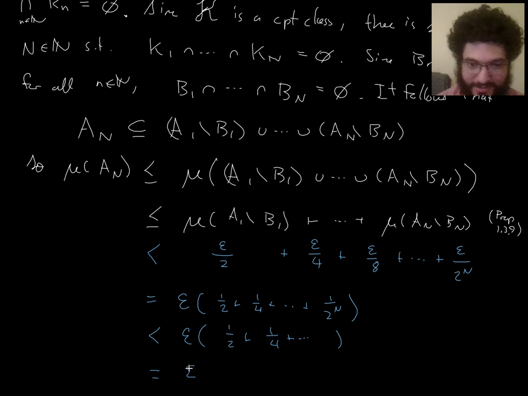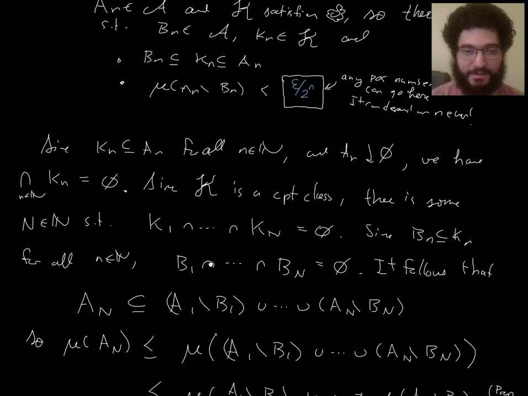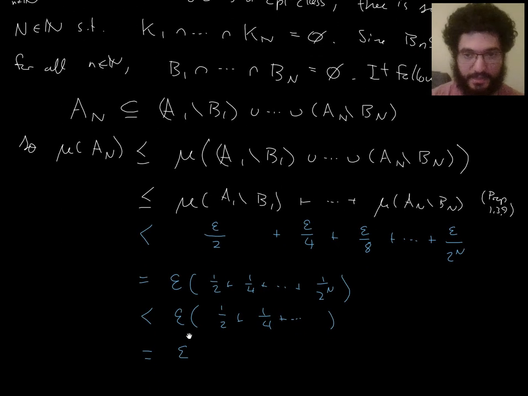Which is 1. So that would work as long as you made each one less than epsilon over progressively higher powers of 2. So now I know what to put here. Epsilon over 2 to the n. Little n, not capital N. And that does it.